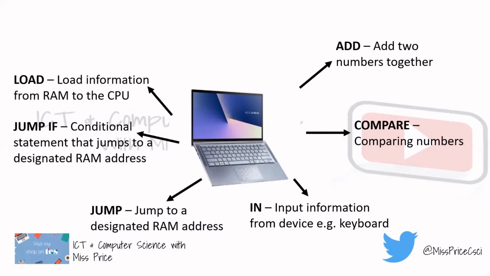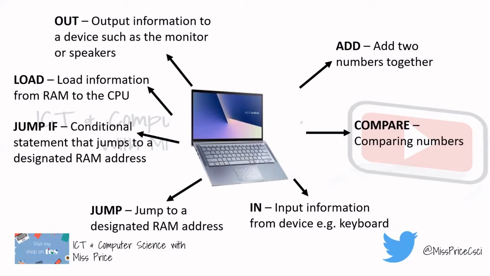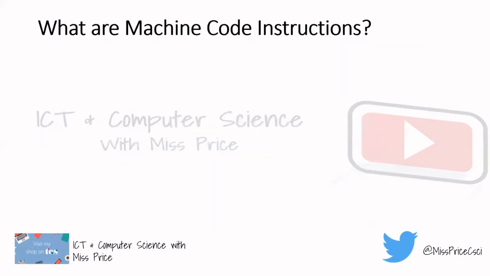Then it loads the information from the RAM to the CPU, and that provides your output information to a device such as the monitor, the speakers or a printer. That information then needs to be stored in the RAM. All of this will go on inside your computer when you're doing something as simple as typing something, opening something, using your mouse, and so forth.